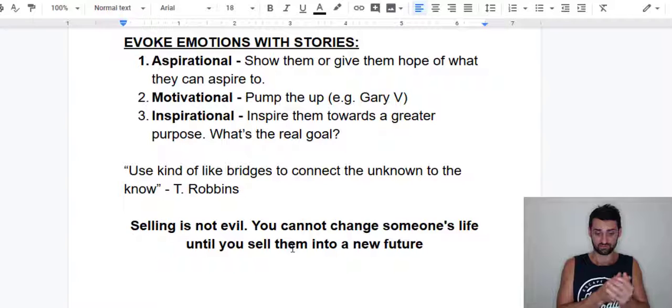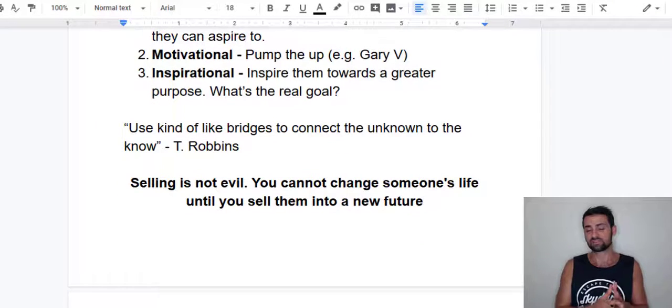You need to be able to give them belief. And that's really all you're doing as an affiliate marketer to generate sales: you're giving them belief that they can actually change, and they can achieve whatever it is they're after. So if you are someone who feels like sales is evil and it's a bad thing, it's a dirty thing, then you need to look at it in a different way. It's not a dirty thing.